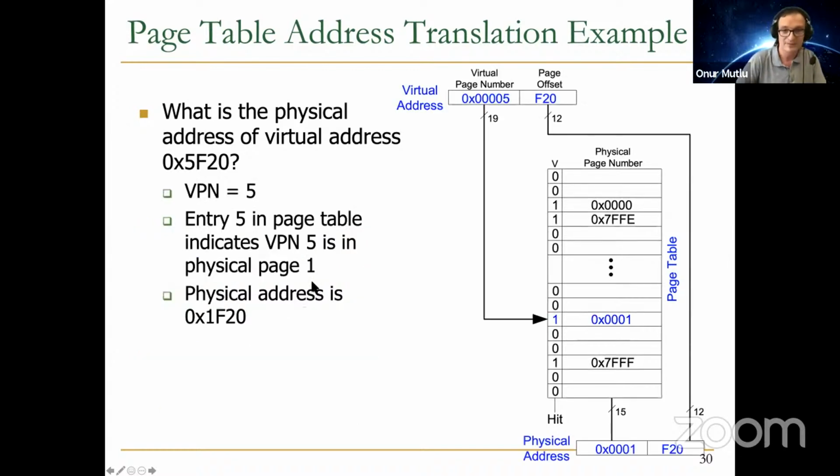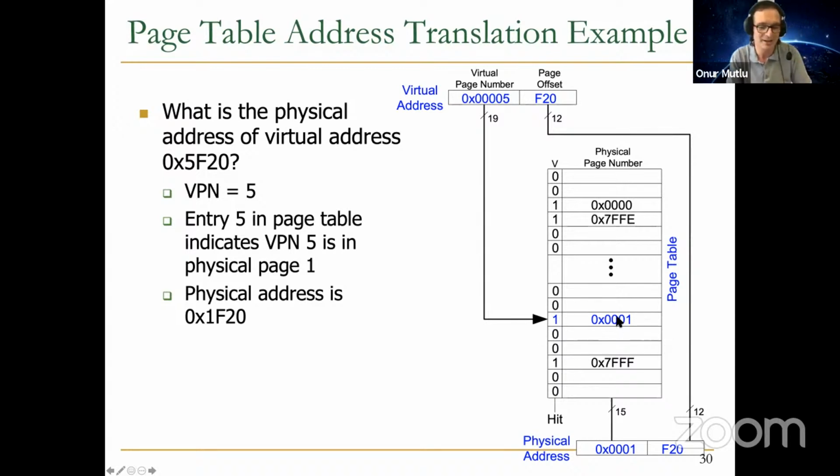So in this case, the virtual address looks like this, 5F20. The bottom 12 bits are the page offset. The top 19 bits correspond to virtual page number 5. So we need to index virtual page number 5, get entry 5 in the page table. And if you look at entry 5, you do the memory access: page table base register plus 5 times the size of a PTE, page table entry.